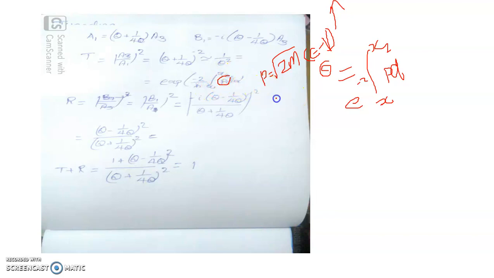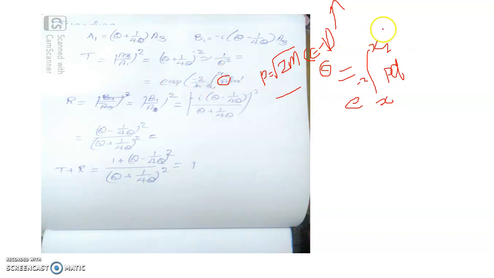The dx is the thickness from x1 to x2. If this quantity increases, that is, if the x1 to x2 range increases, then this integrand also increases. That also accounts for a rapidly falling transmission probability.